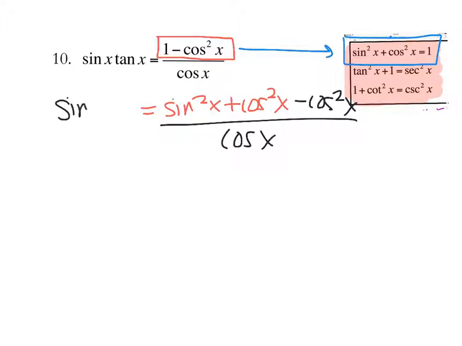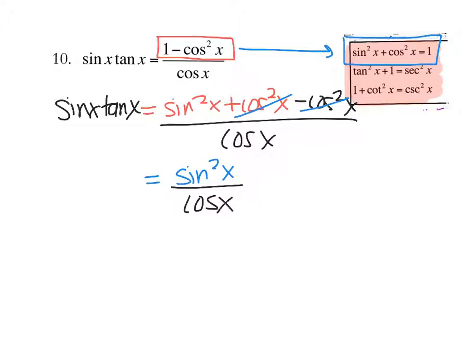And that's supposed to equal sine x tangent x. So then things do cancel here. The cosines cancel. So I end up with just sine squared x over cosine x, and that's supposed to equal sine x and tangent x, which we're not quite there yet.